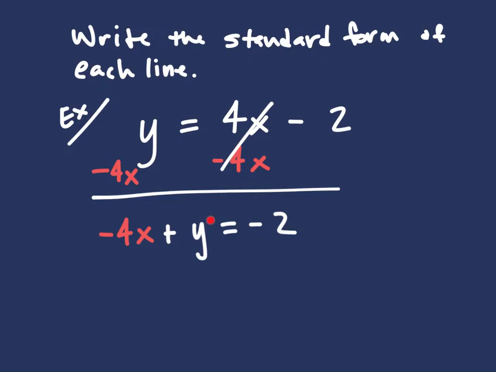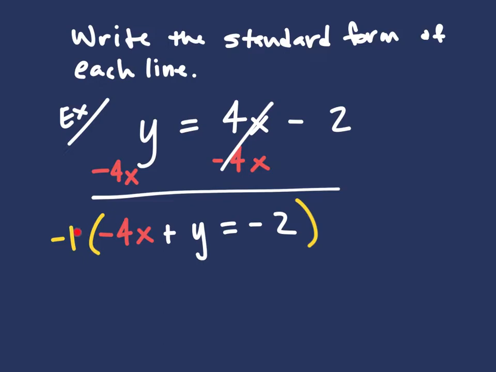In theory, this is fine. However, we have a negative 4 out in front of our x, and we don't want a negative 4. So now we have to manipulate this equation, and we have to multiply everything by negative 1 so that we can change this sign here.